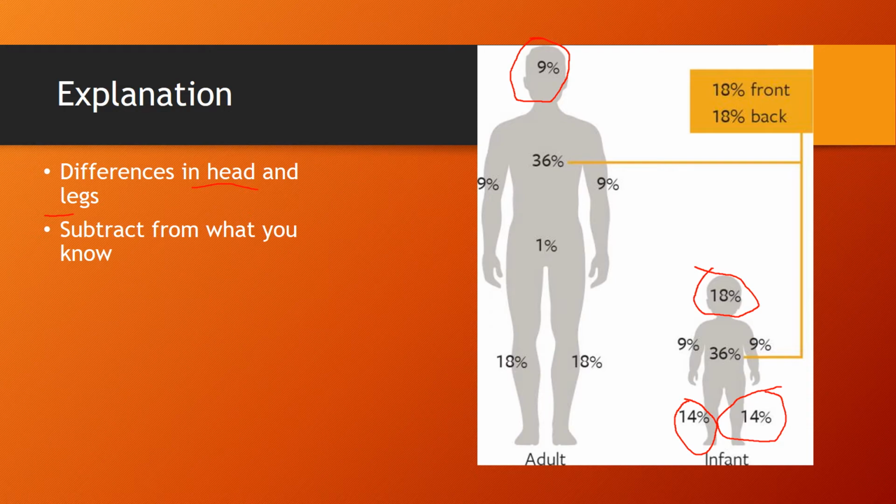As long as you remember that the head is worth double in an infant, which means it's worth 18%, you're going to be able to figure out that both the legs are worth 14%, because you can just subtract. Say you have 100, subtract 18, subtract 36, which is the same as the adult, 9 and 9. Then you divide the rest by 2, and that gives you each one of your legs. So that's one way you can remember it. Also, the 36 is the same as the adult because it's still divided into 4 quadrants, top and bottom, on both front and back, all worth 9%.